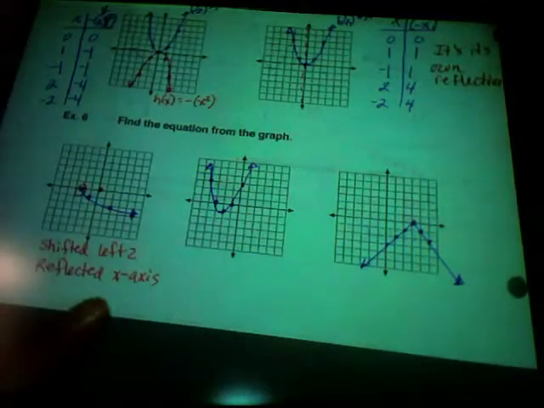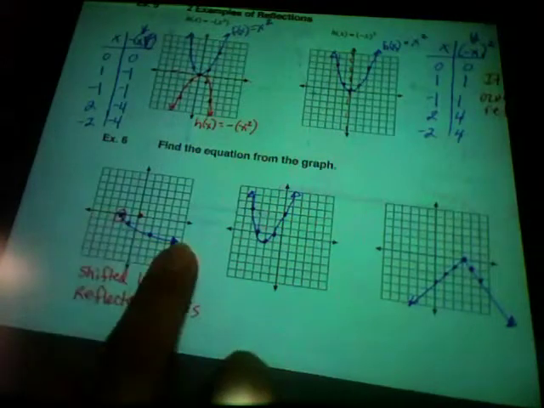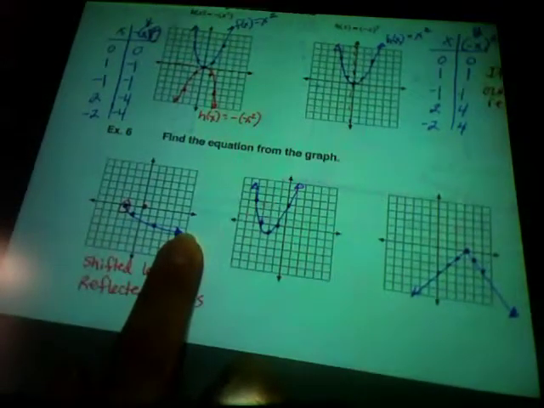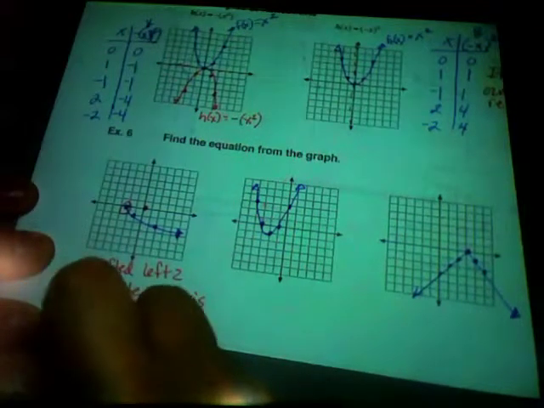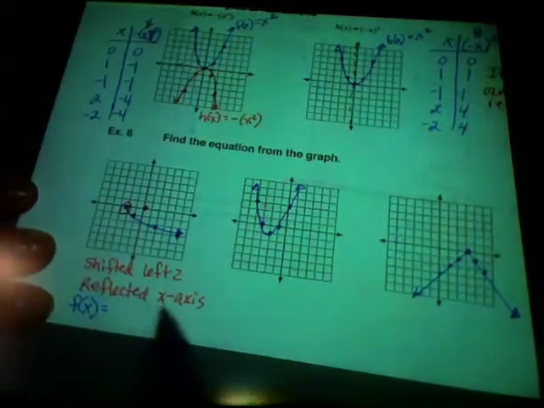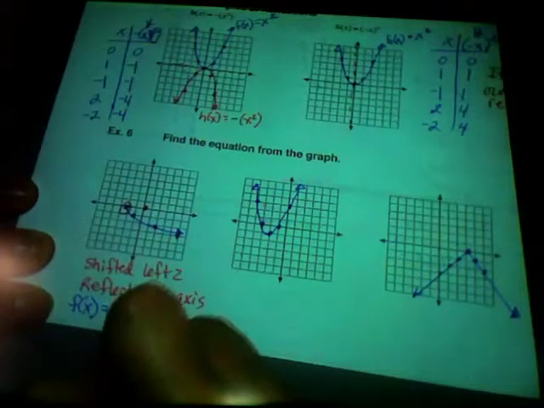For your reflection over your x-axis, the negative has to be outside, right? First of all, what kind of a graph is this? What's the general function? Square root. So we have f of x is equal to, because it's reflected over the x-axis, a negative out in front of the square root.